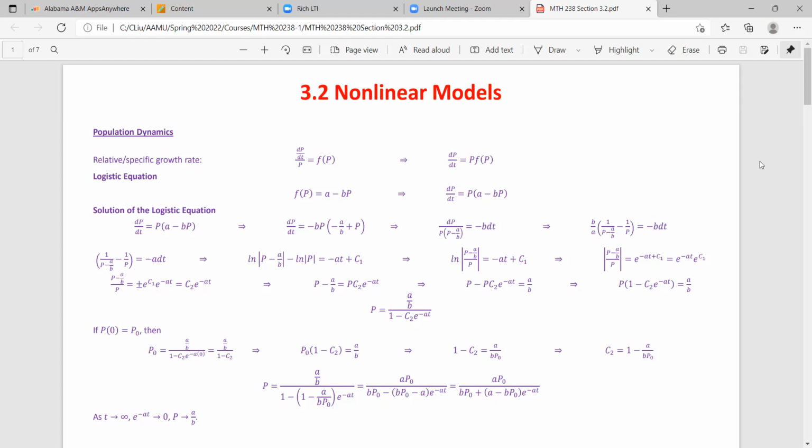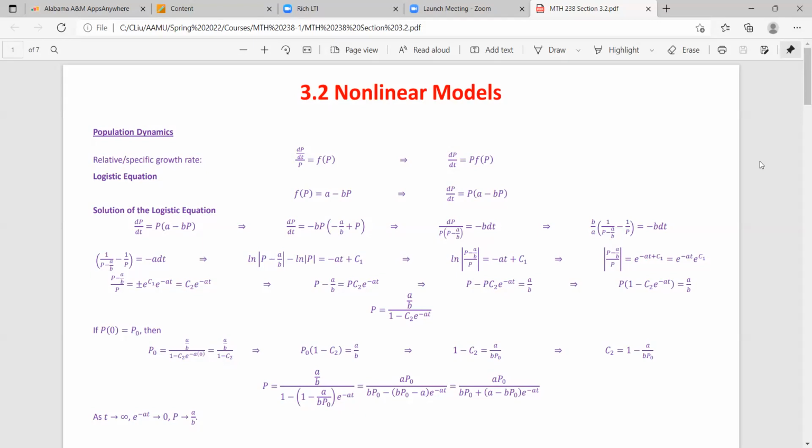And then we have logistic equation or logistic model and some other models. And we especially include competition between individuals in the population. Okay, so let's just start from population dynamics in this section.